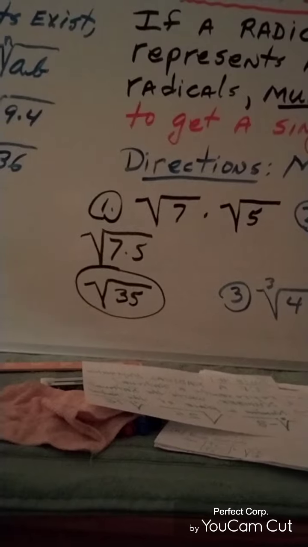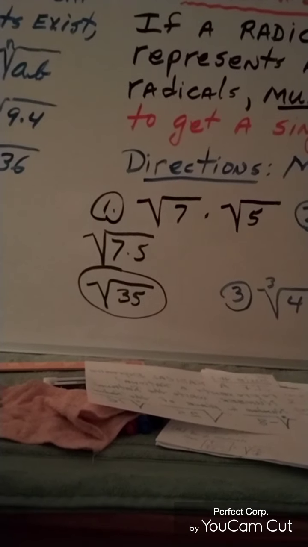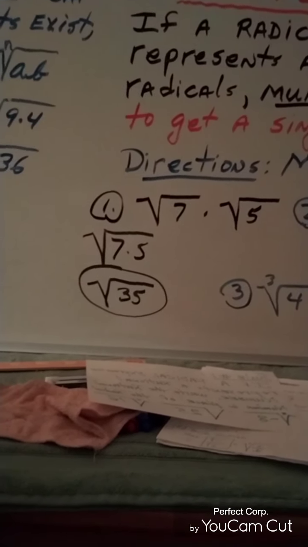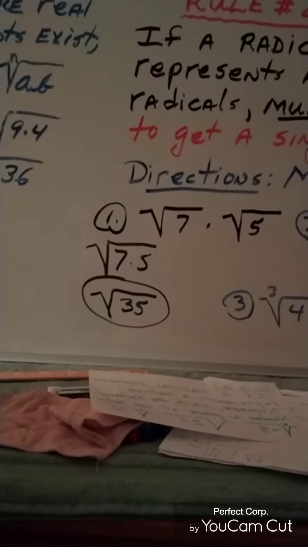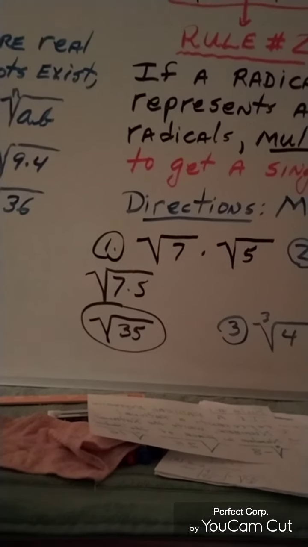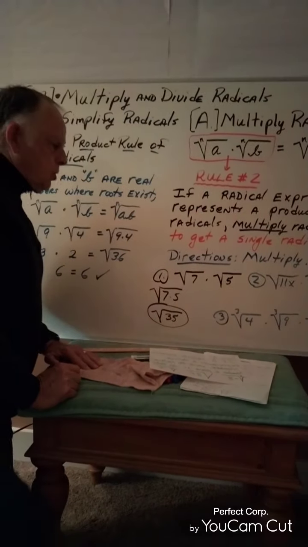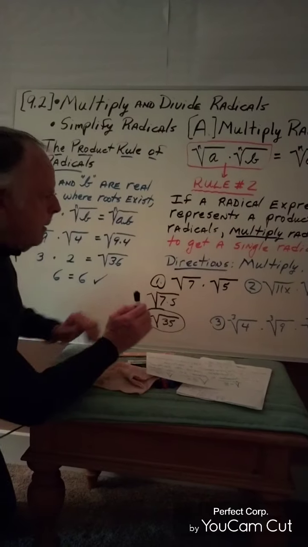A very, very basic rule. But you have to be alerted to that rule. Whenever you see a situation to where 2 or more radicals are being multiplied together, you multiply their radicands together and write that product below one single radical.